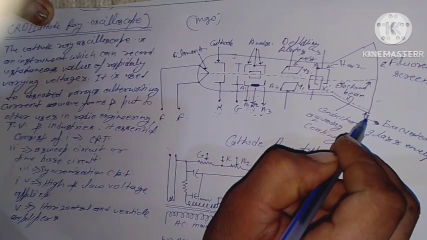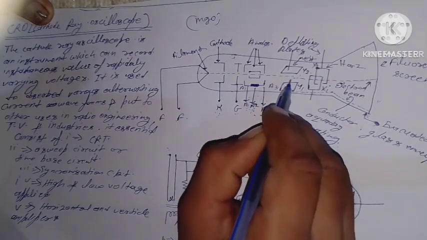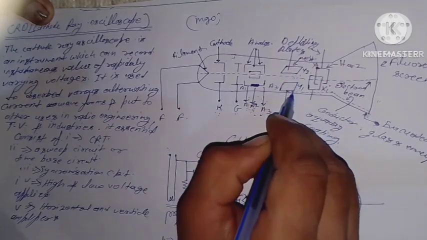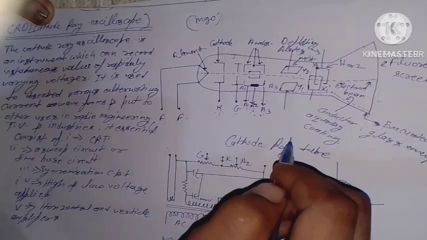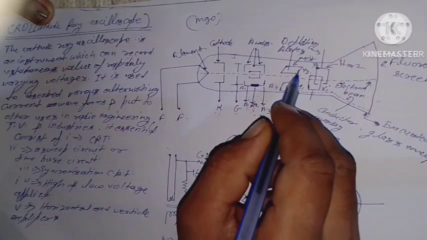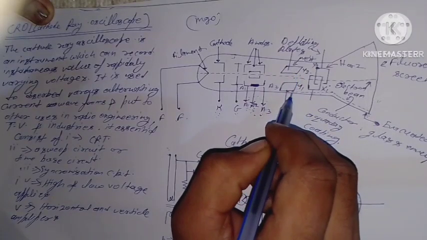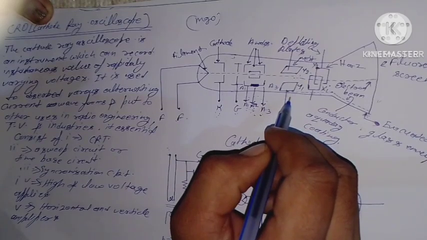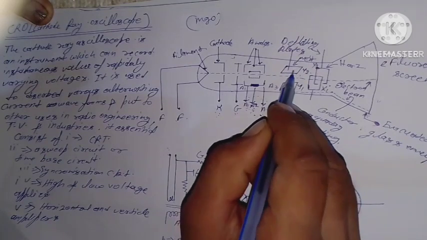The plates Y1, Y2 are horizontal and represent a parallel plate capacitor.